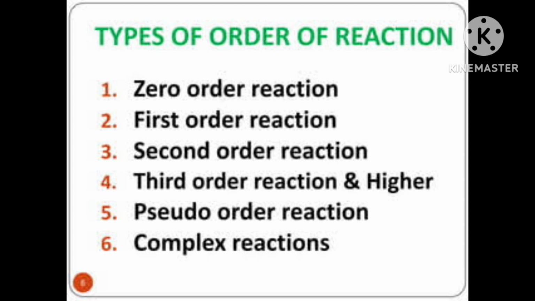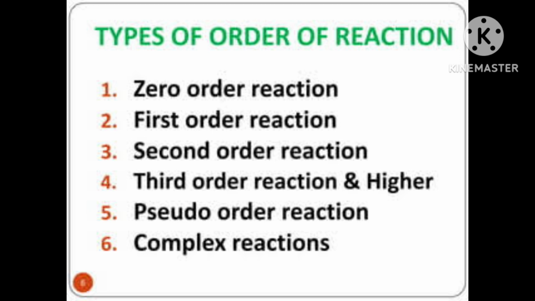Now, first you write the expression: rate is equal to K, and after that the molar concentration of ethyl acetate into the molar concentration of H2O, both you have to write.